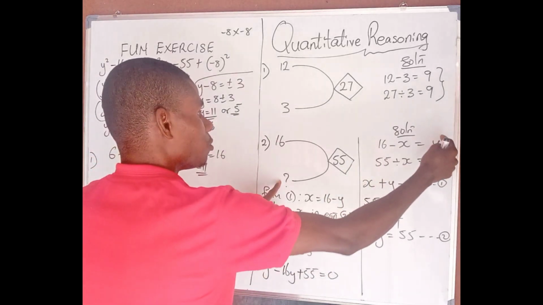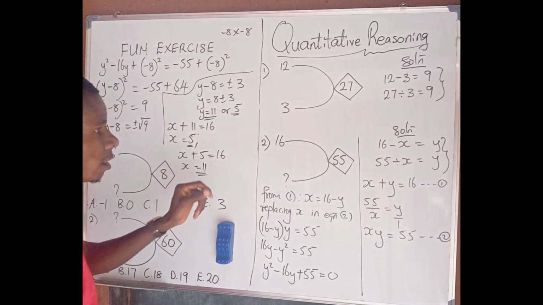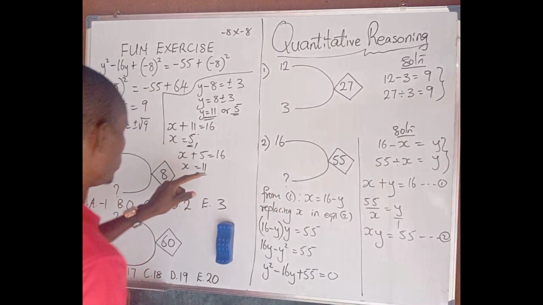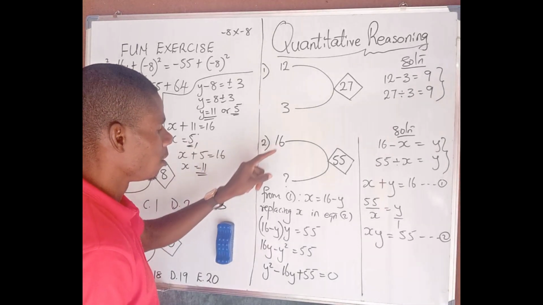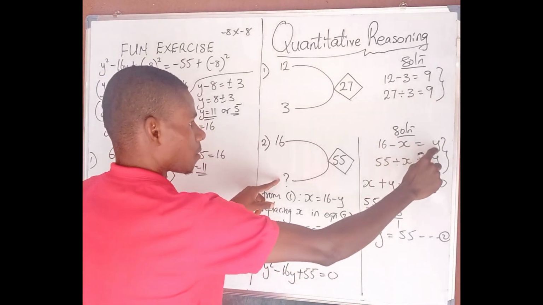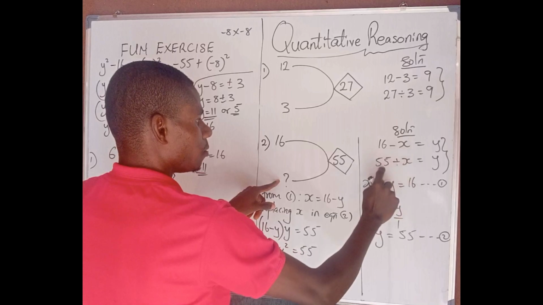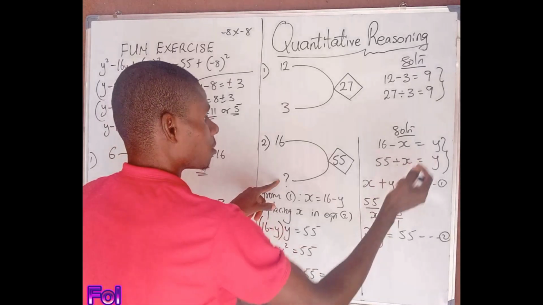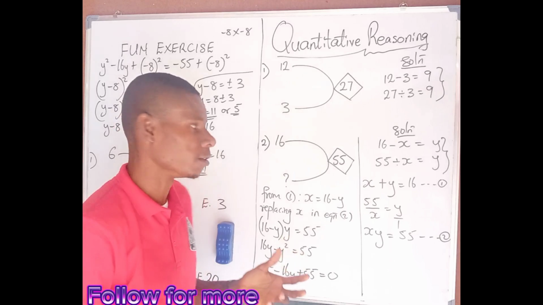So you can see that here should be 11, here should be 11, and here is 5, here is 5. Okay, let's take x here to be 11 as we got here. So 16 minus 11 will give us 5. And what of 55 divided by 11? That will give us 5. So the two results are the same and they are equal.